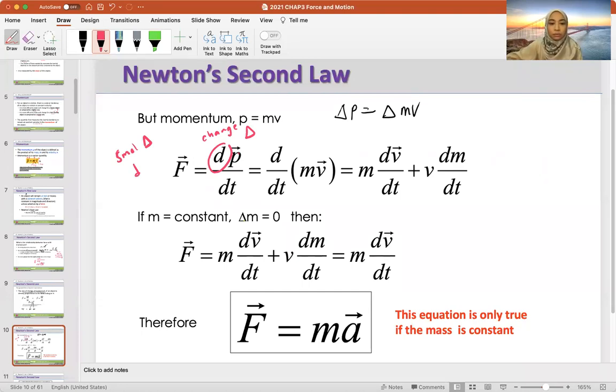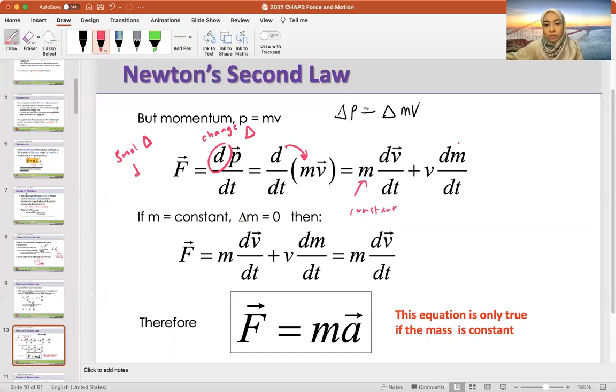Okay, so the change in momentum over the change in time, super small, is also equal to the change in mv over the change in time. So when you expand this equation, it becomes m dv dt plus v dm dt, because you have instances where the velocity changes, but your mass is constant.